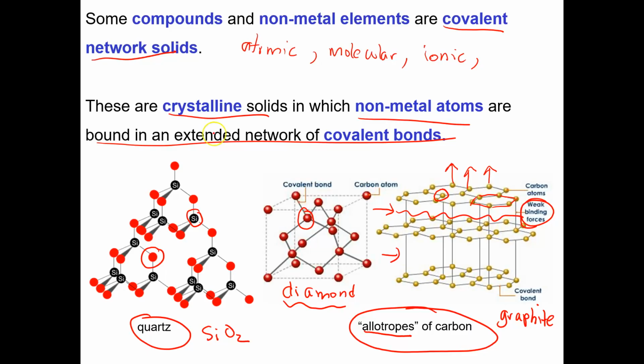And when we have this extended network of covalent bonds, we call that a covalent network solid. Just look at these 3 examples here. Look in the book, you'll see other examples of covalent network solids, and you'll get a feel for how to recognize them.